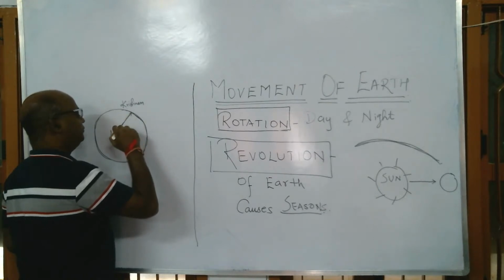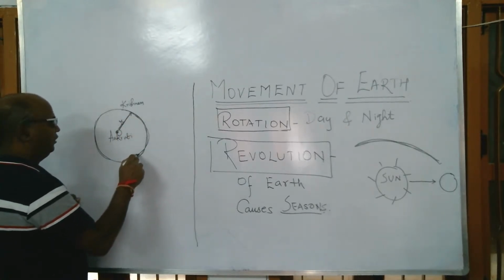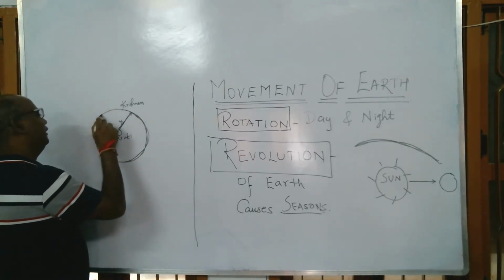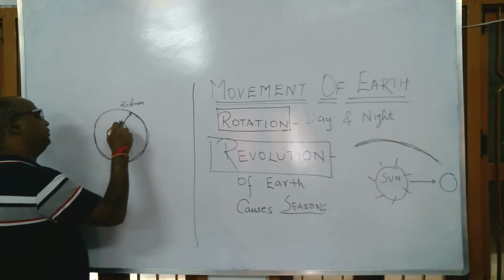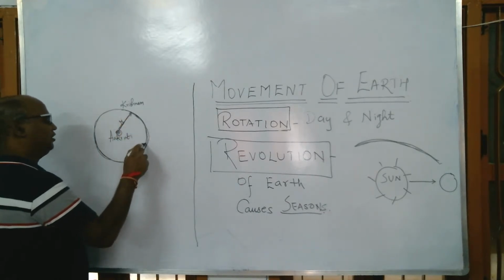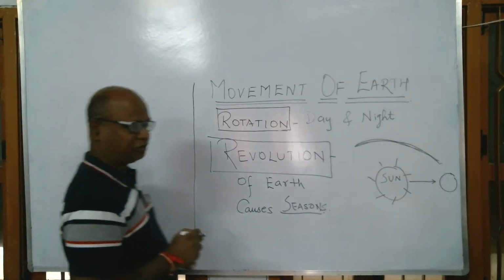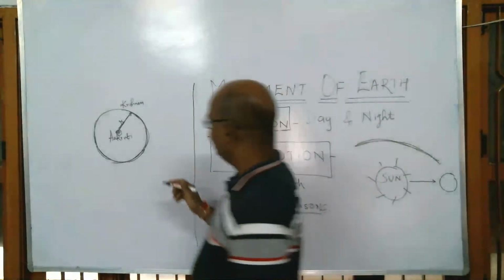Akruti and Krishnam, their distance is same. R is the radius of this circle, and this is the circumference. It is having exactly R distance from the center. All these points are on the circumference. So what kind of motion will we call it? Krishna is running in a circle.